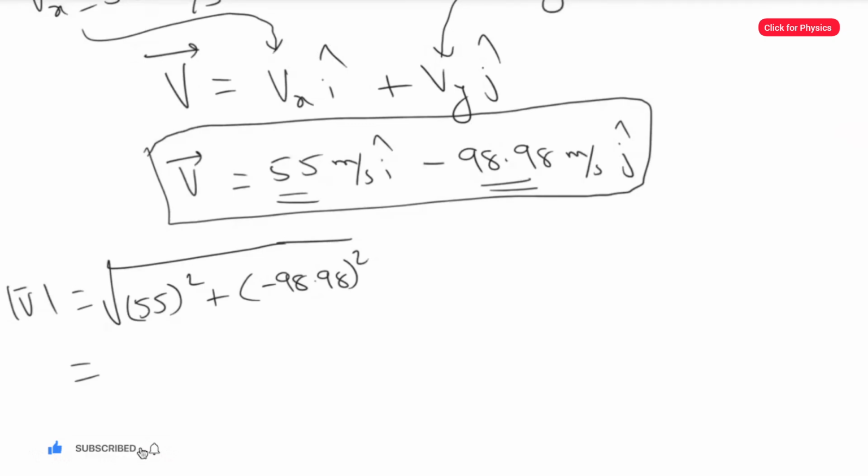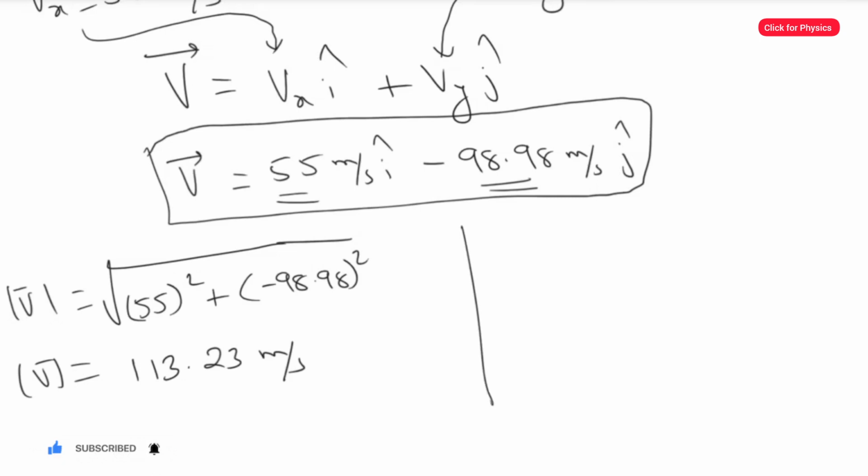I got the answer here as 113.23. The unit is meter per second, but we have to find only the velocity vector. So let's just find the answer for the velocity angle.